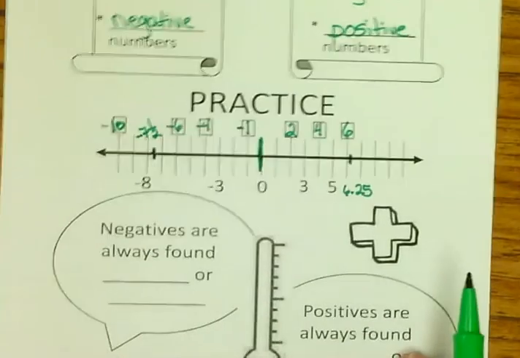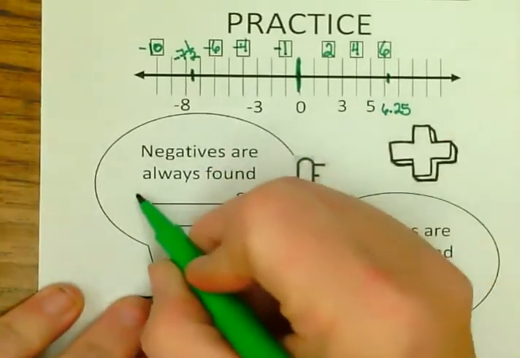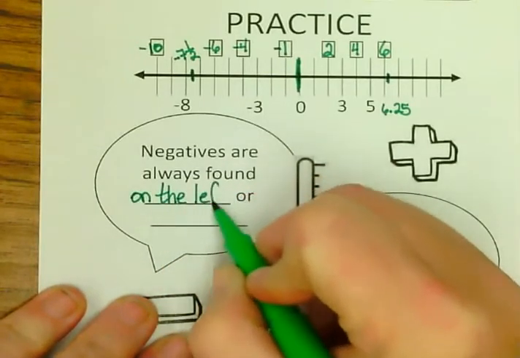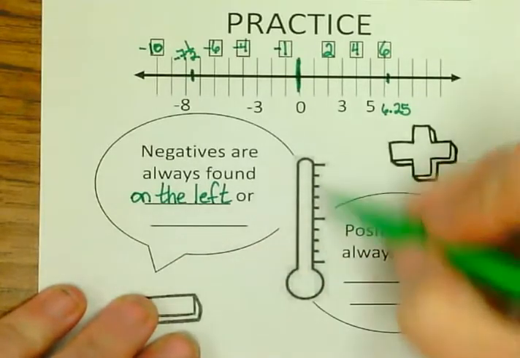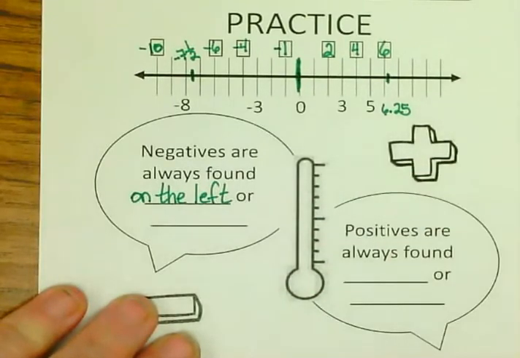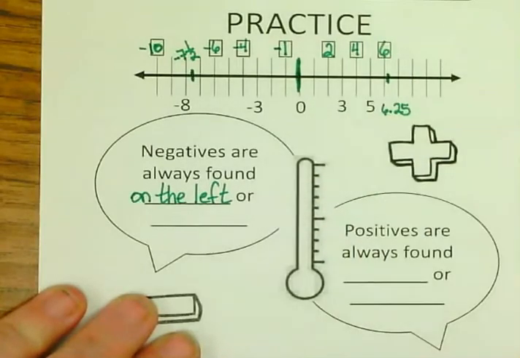So, to wrap up, negatives are always found on the left, or look here, we've got a number line in the form of a thermometer. If I have negative numbers, do you think they're going to be going up or going down?